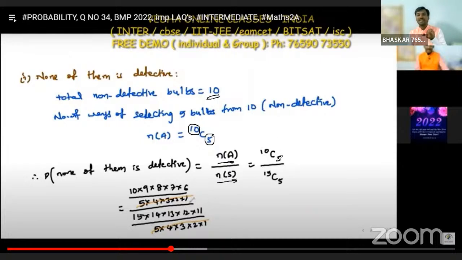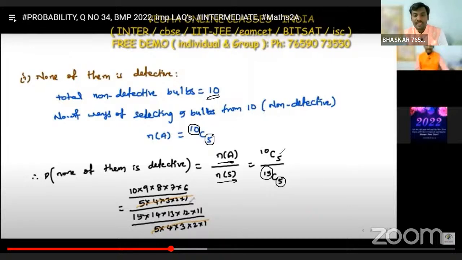That means 10C5 divided by n of S, which is 15C5 total. From 15 bulbs we are selecting 5, that is the total possibilities.